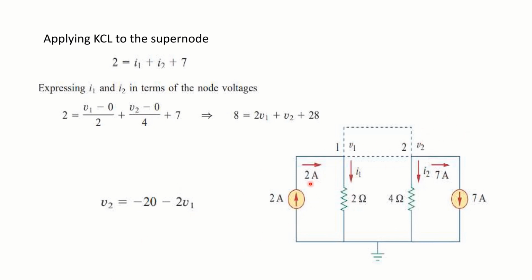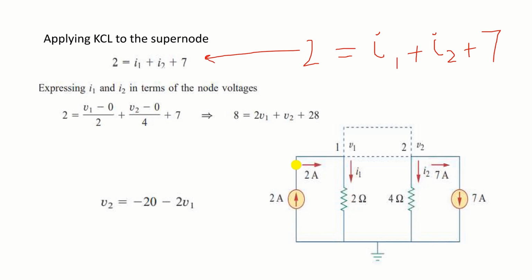So now let's visualize how current is flowing through this node. 2 ampere current enters the circuit, and small I1, small I2 and 7 ampere current leave the circuit. So we can apply KCL at this point and derive an equation that says 2 is equal to I1 plus I2 plus 7. So this equation is derived using KCL.